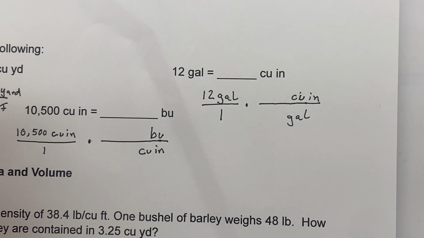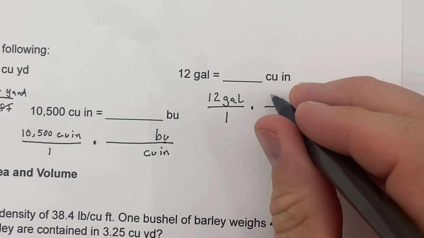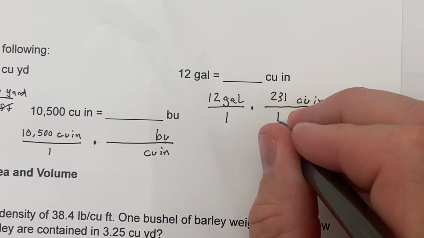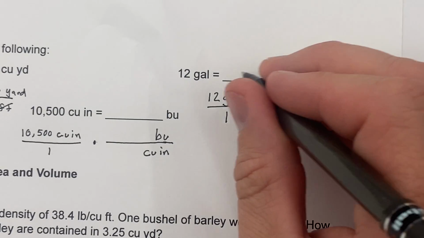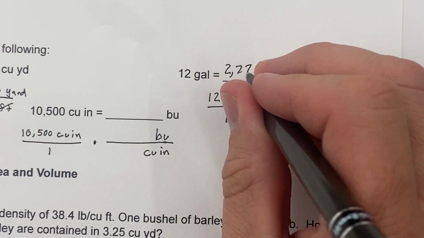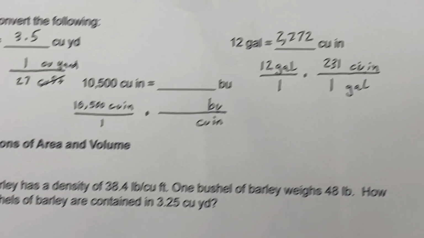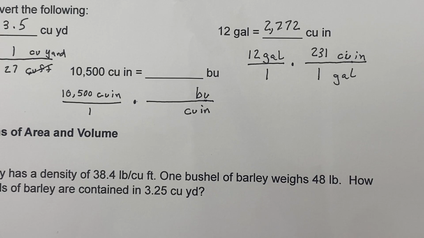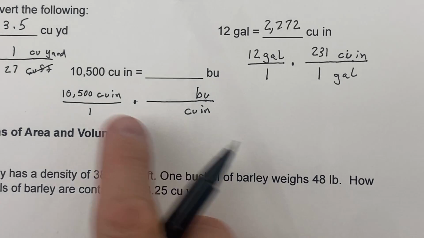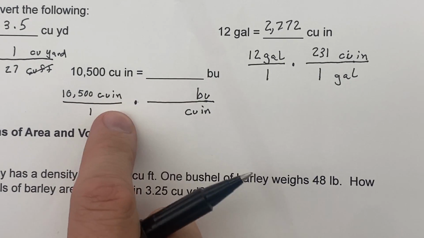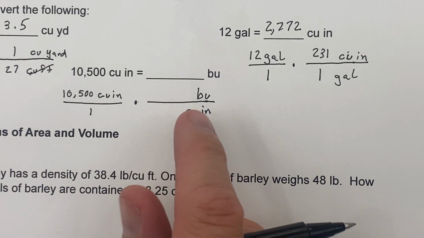12 gallons to cubic inches. Right in the middle of your volume units, 1 gallon is equal to 231 cubic inches for every 1 gallon. Multiply those two together. 2,777. 72, not 77. Yep, you're right. 2,772. Last one, cubic inches to bushels.